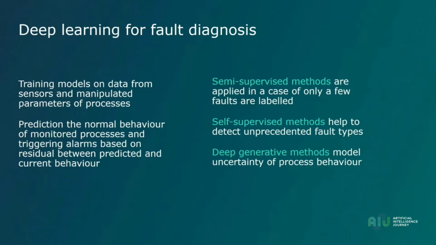Usually AI models are taught based on sensor data from the equipment, and there is a certain prediction made whether the process is going to be normal or not, and certain deviations from the process are classified, different types of mistakes. And there are semi-supervised methods where there are some labels.